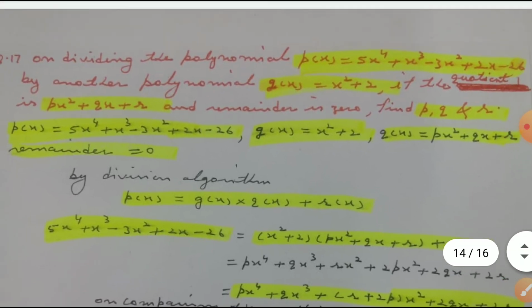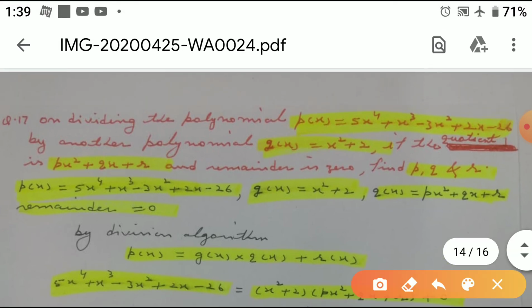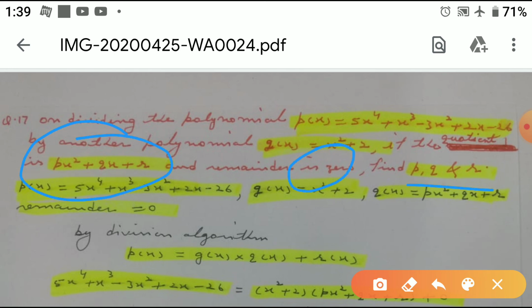If we divide this, we get this as a quotient and remainder is 0, find p, q and r.